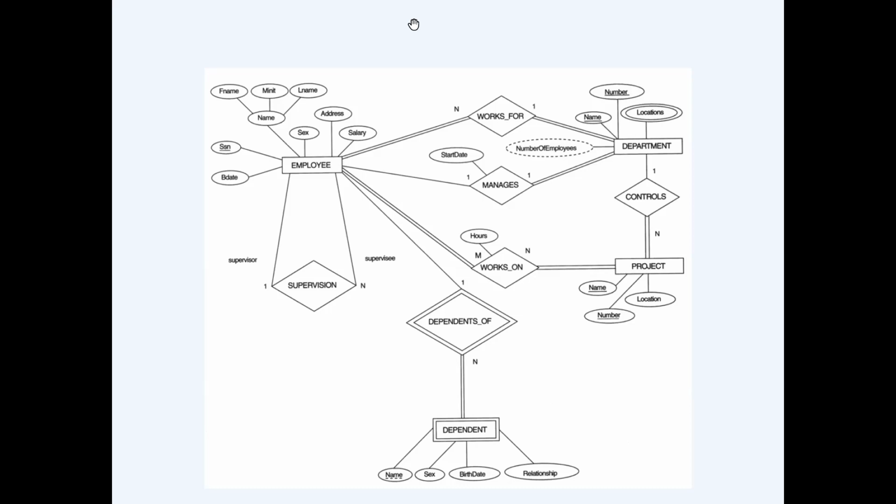Okay, let me give an example. Can you give me a one-to-one relationship in a university environment? Since I have taken university as the example last time as well. Can you think of a one-to-one relation in a university environment?